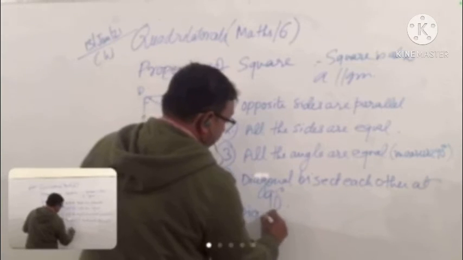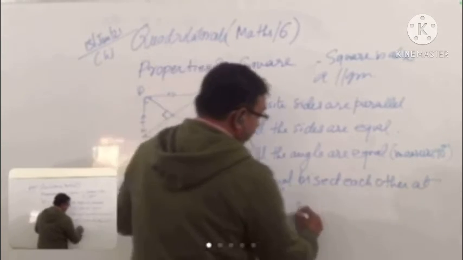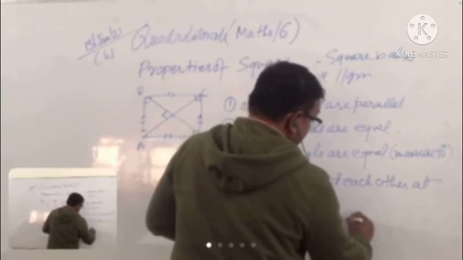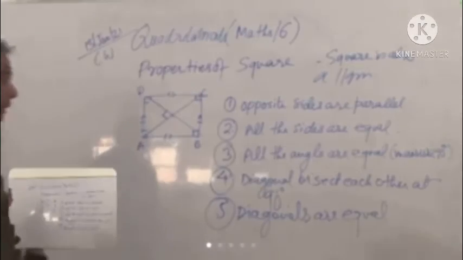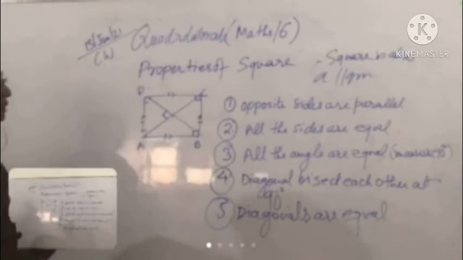And the next one is diagonals are equal to each other, and their halves are equal to each other also.